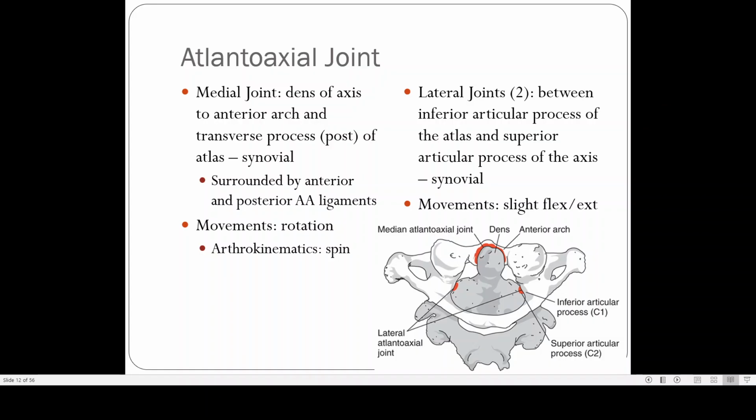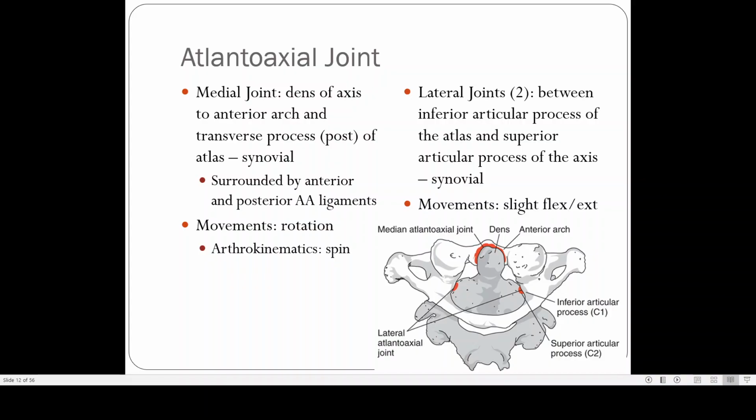Moving down one level between C1 and C2, this is the AA joint, the atlantoaxial joint. This joint has three different joints that make up the total connection between C1 and C2.